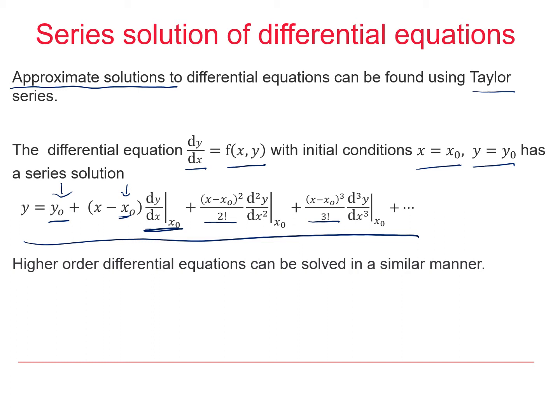We can do the same with higher order differential equations, but we're going to need more initial conditions, because we need enough information to isolate each individual derivative and evaluate at x naught.